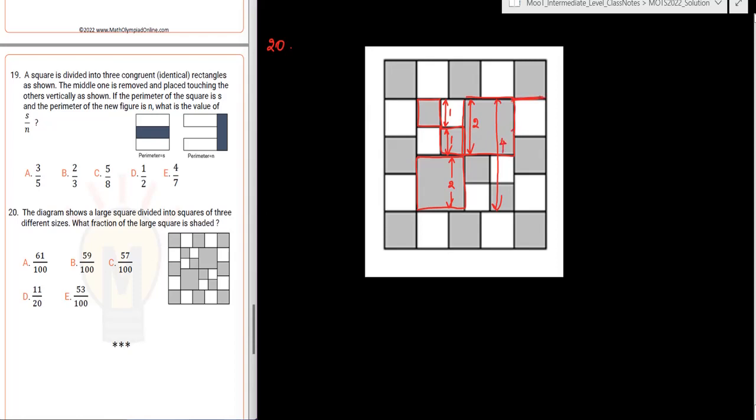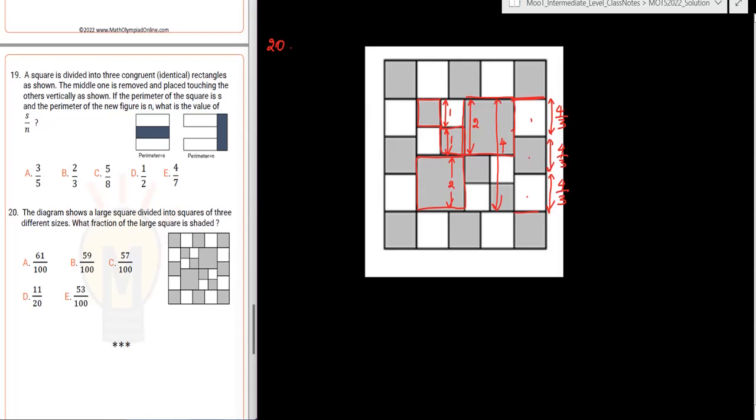In that 4 units, you have 3 medium-sized squares. So that means each one must be 4 by 3, 4 by 3, and 4 by 3. So total is 4, and there are 3 medium-sized squares fitting in that. So the side of each of those medium-sized squares must be 4 by 3.